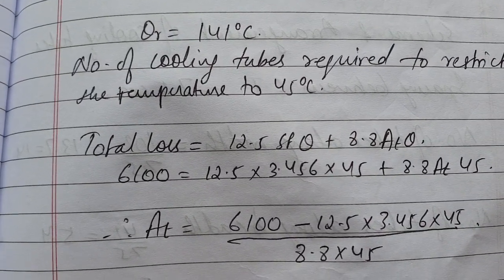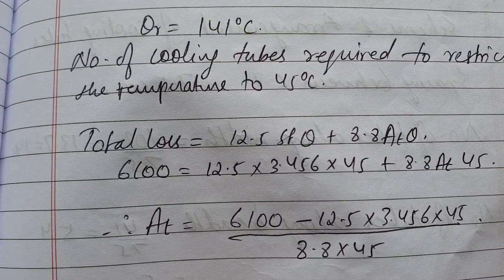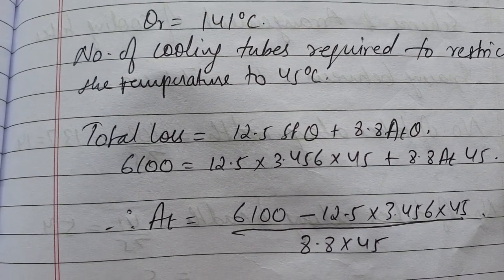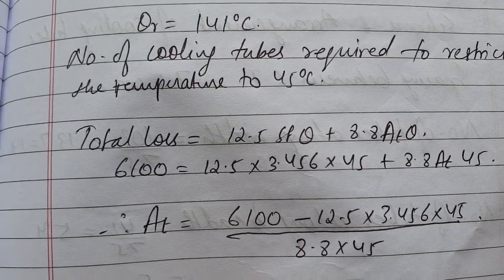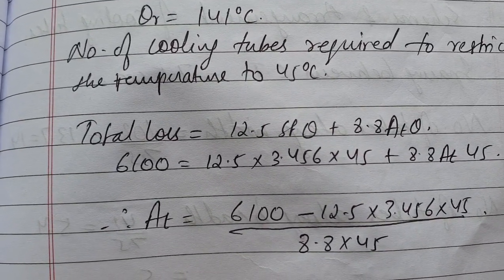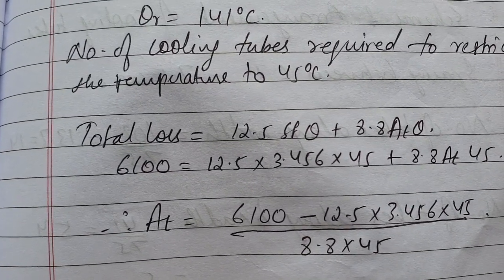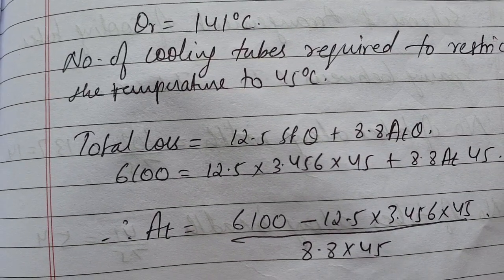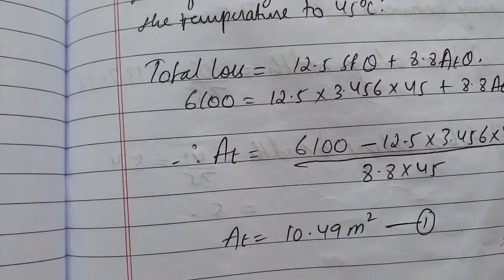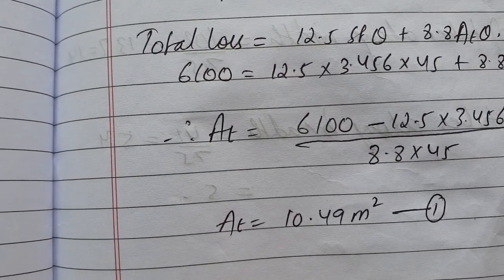AT is equal to 6100 minus 12.5 into 3.456 into 45, whole divided by 8.8 into 45. Here you might be getting confused why I have written 8.8 AT theta, because it's given the convection is improved by 35%. Therefore AT is equal to 10.49 meter square.